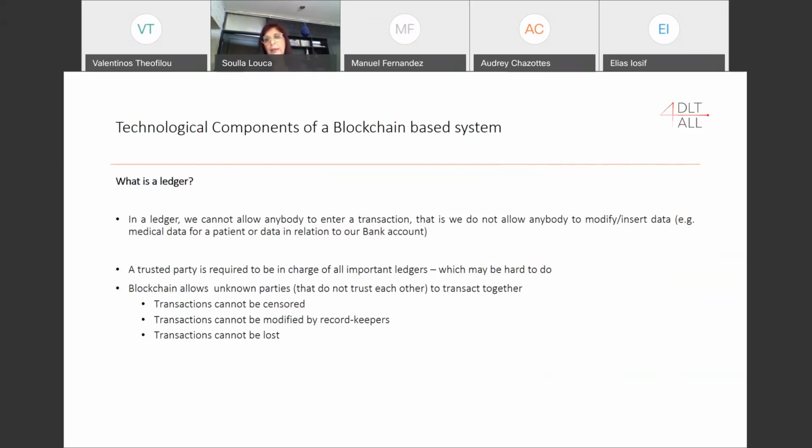And this is why we trust these unknown parties, because we know that they will not be able to modify them unless everybody in the network agrees to the modification. And this is usually, of course, hard to do. And also because all the transactions are cryptographically written in the blockchain. And transactions, of course, cannot be lost.